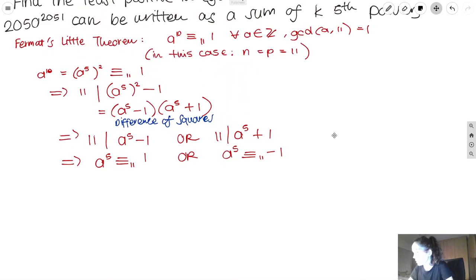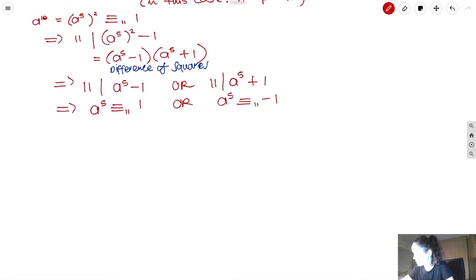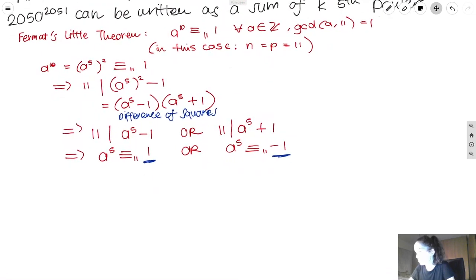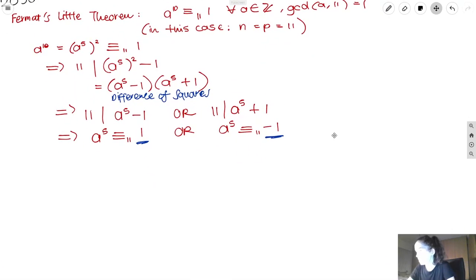Now we already have the two options for a to the power of 5. The remainder when it is divided by 11 is going to be 1 or minus 1. Now we should remember that when we applied Fermat's little theorem, we assumed that the GCD of a and 11 is equal to 1.